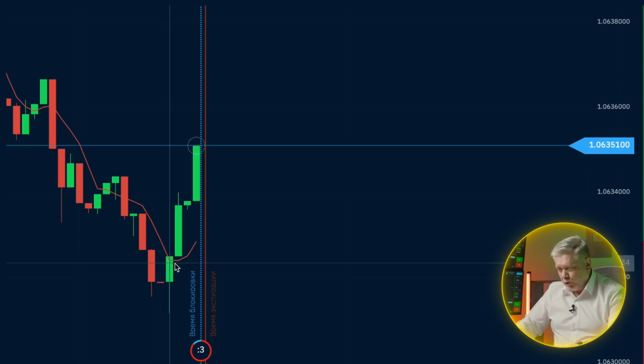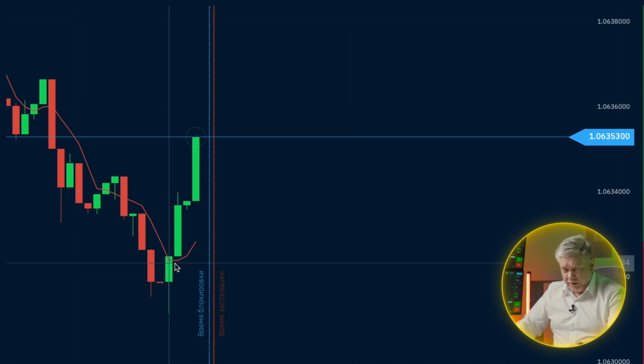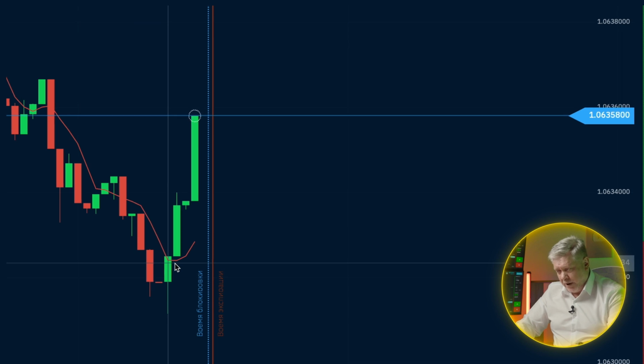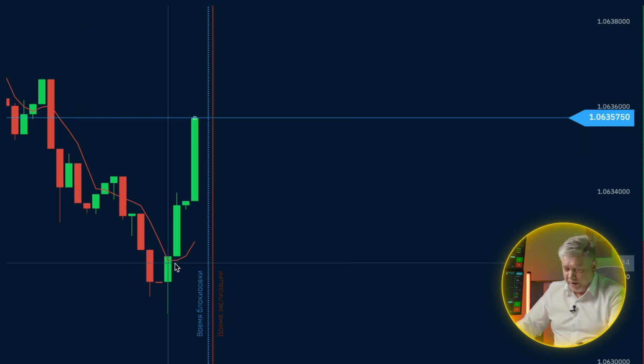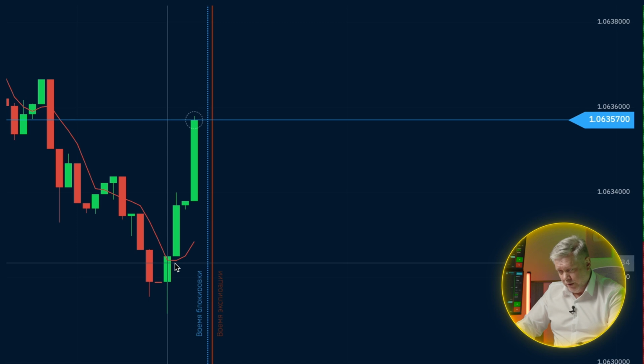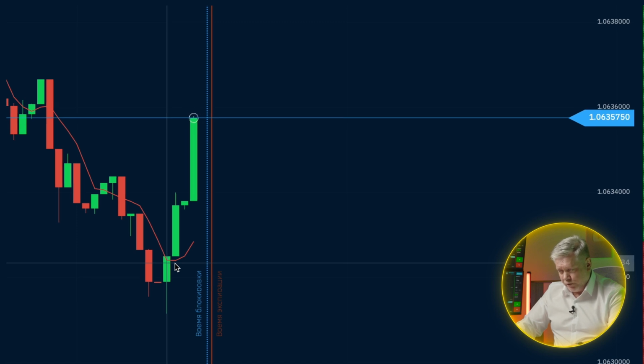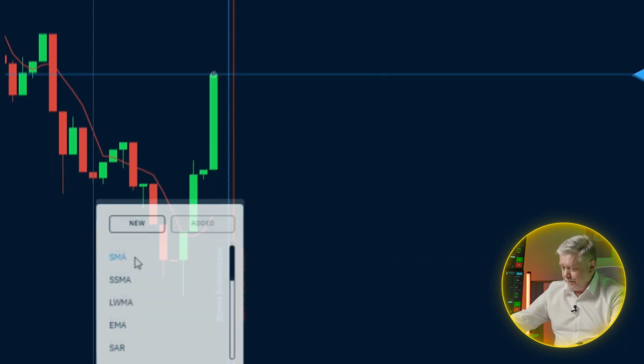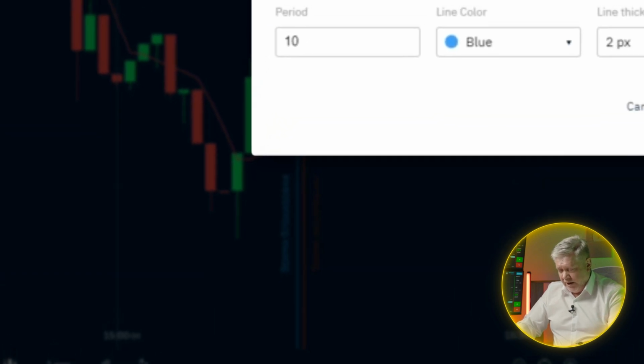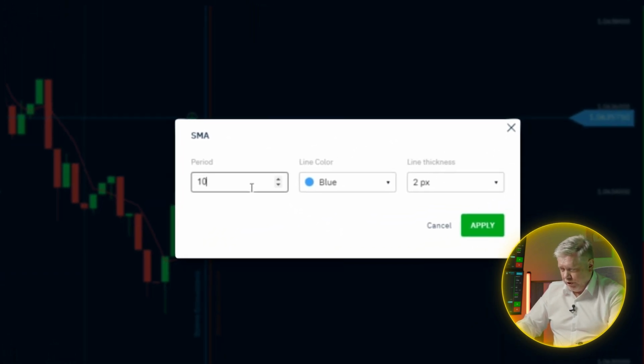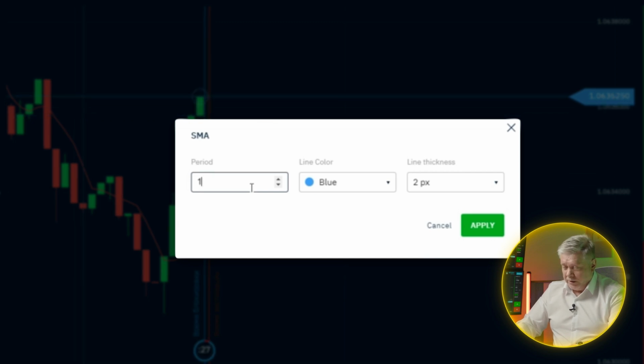But by and large, one moving average is not enough to really analyze the market and make trading decisions. Let's choose another moving average. We choose the same one and set the period to 13. That will be for two working weeks already. Leave the color blue, click apply.